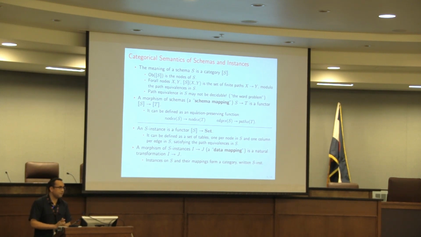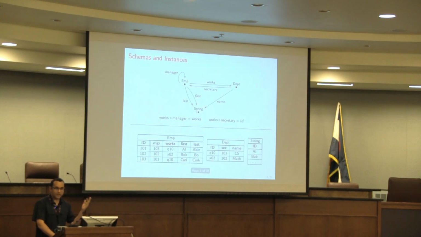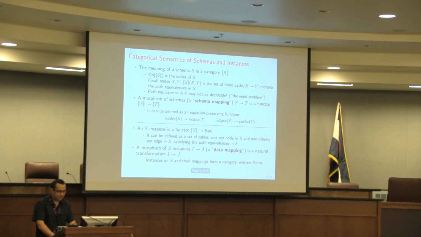There's a variety of ways to do this, but I think the easiest way is to say that a schema is a directed labeled multigraph with equations, and that schema has a denotation. That's what these church brackets, the double brackets, mean: each schema denotes a category. So if S is your schema, then the category it denotes is bracket S.